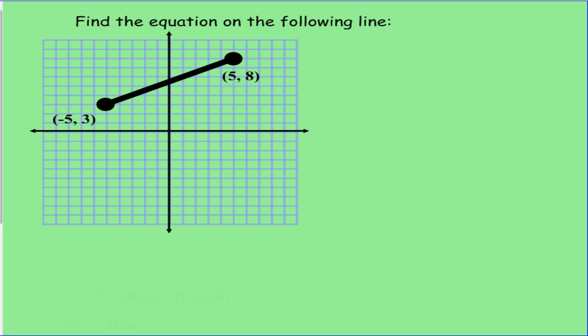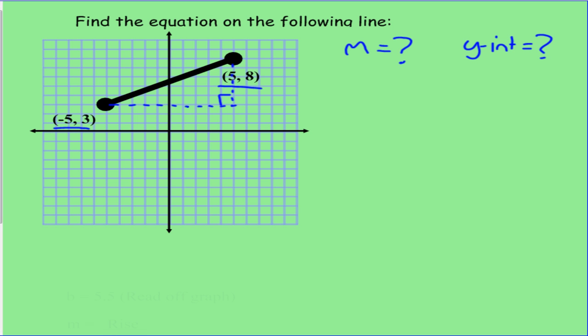We are asked to find the equation of the following line. So here we have our points negative 5, 3 and 5, 8. What we're going to do is add on our little right angled triangle, because the two bits of information we need are the gradient, and we also need the y-intercept.